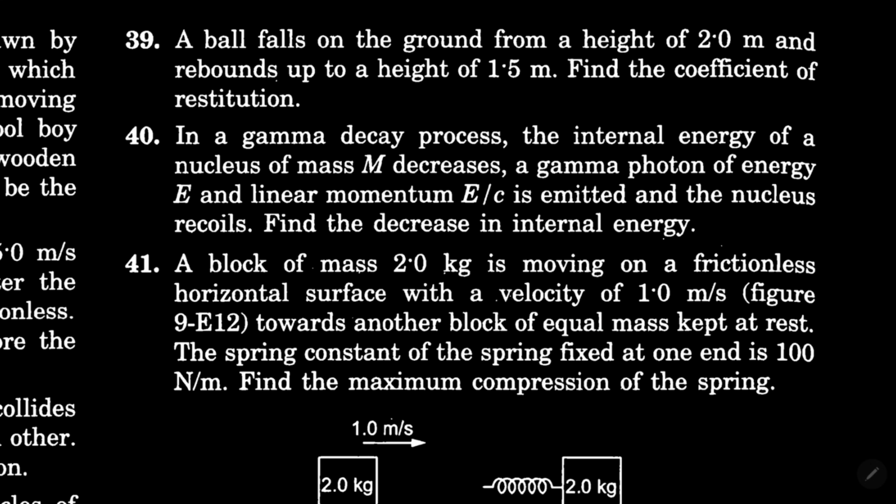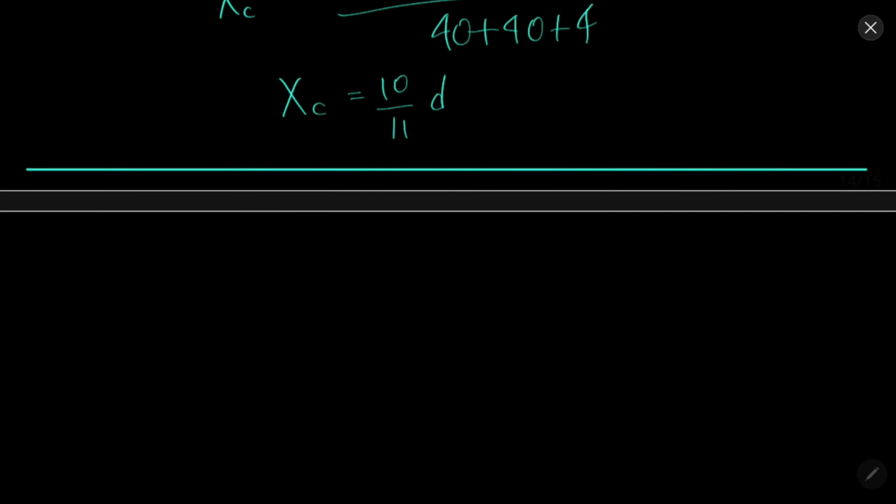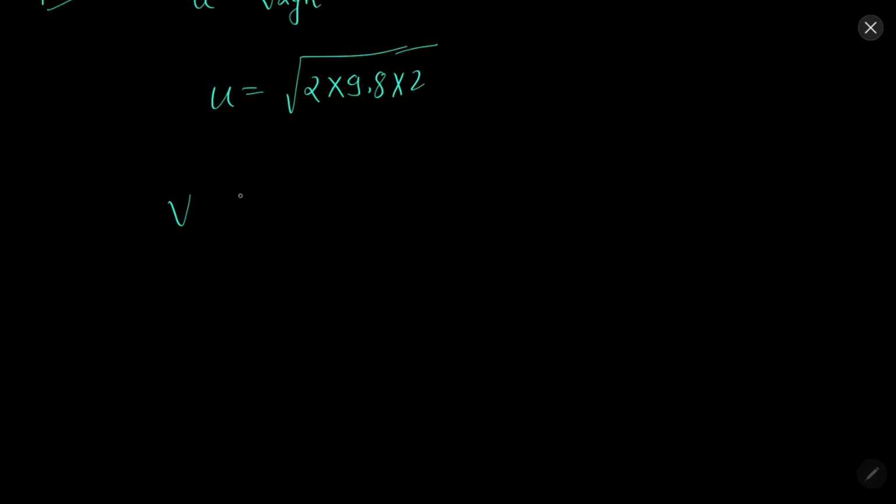In question 39, a ball falls on the ground from some height. We need to find the coefficient of restitution. Now in question 39, this is their solution. We know that velocity is root 2 gh when the ball approaches the ground. So u equals root 2 into 9.8 into 2, and v is the velocity of the ball when it separates from the ground.